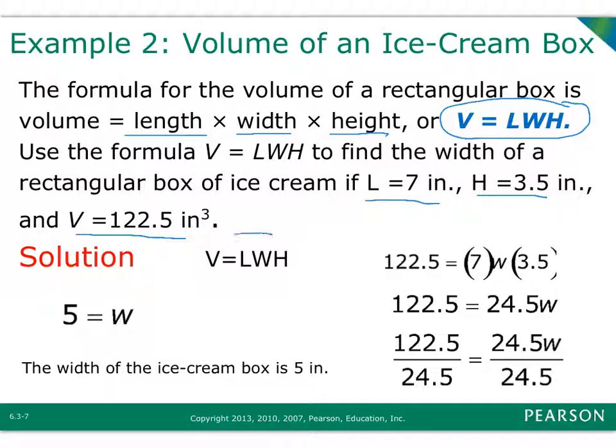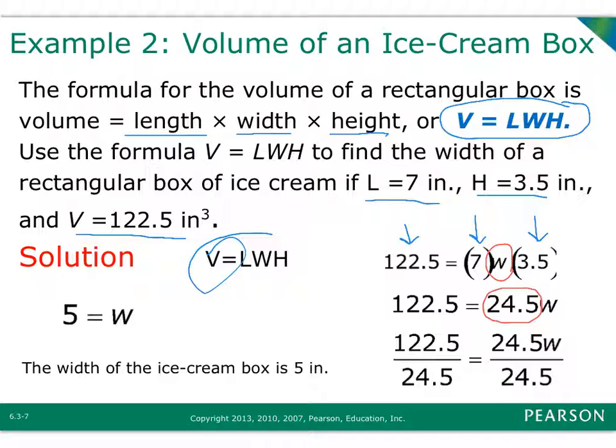Well, here's our formula, and we're going to plug in the values for the different variables. We plug in 122.5 for V, we plug in 7 for L, and we plug in 3.5 for the height. Now we have to solve for W. So we multiply the 3.5 times the 7, and we get 24.5 times W.